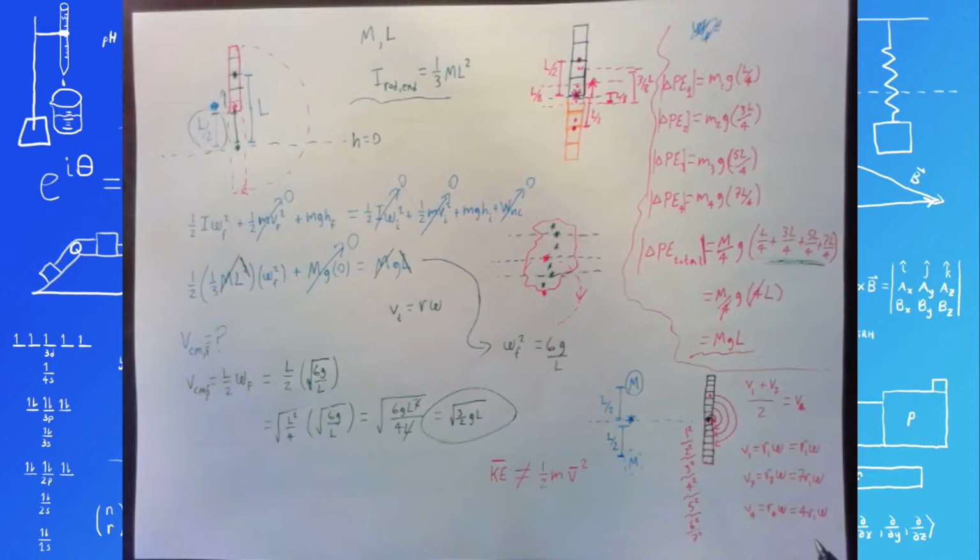Calculating the translational kinetic energy of the center of mass does not give you the rotational kinetic energy of the whole thing, because that would require the kinetic energy at the center of mass to be the average translational kinetic energy of all the individual pieces.